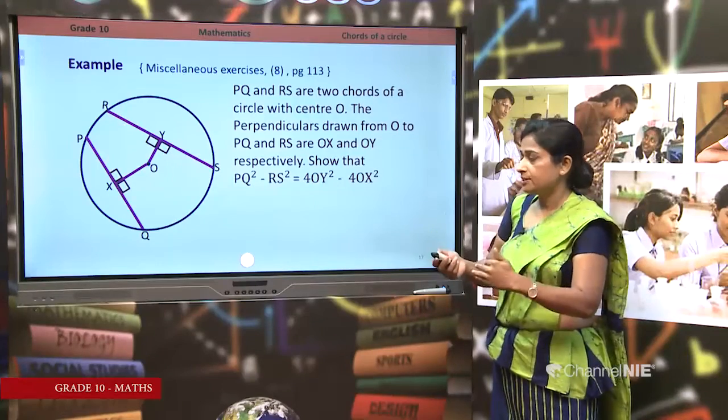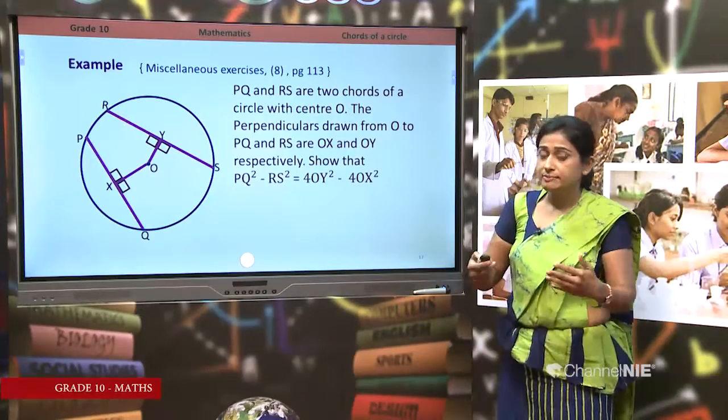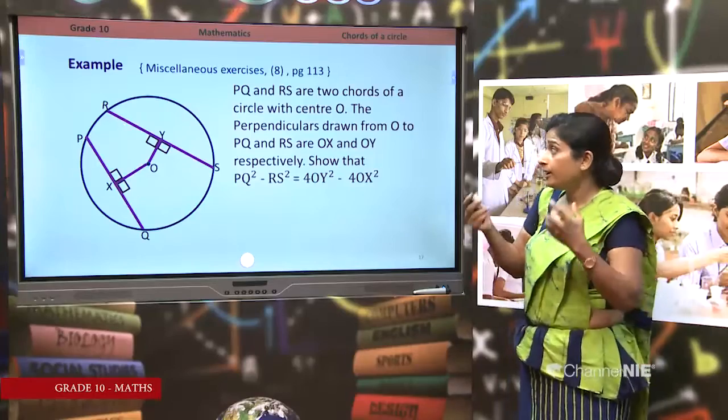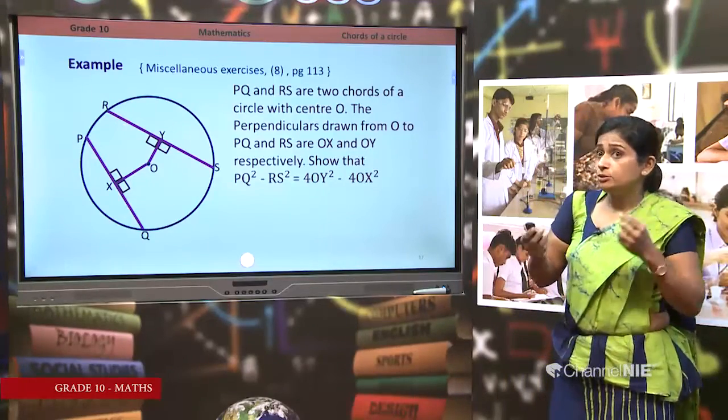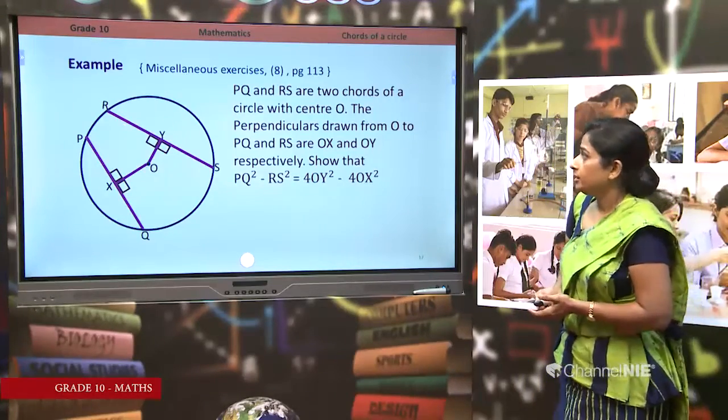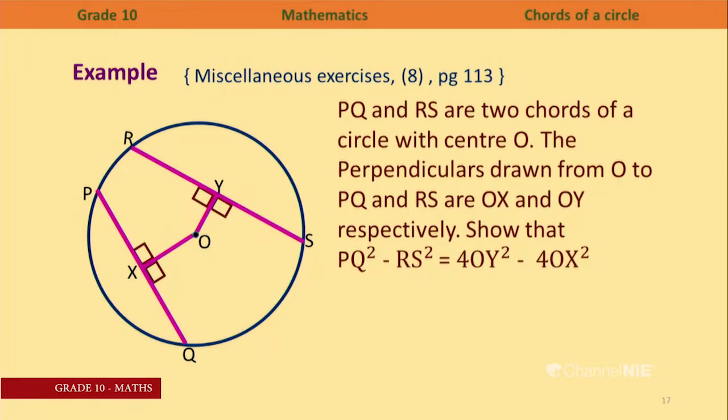First, read the sum several times, and highlight the things that you should remember. Look at this one: PQ and RS are two chords of the circle with center O. The perpendiculars drawn from O to PQ and RS are OX and OY respectively.